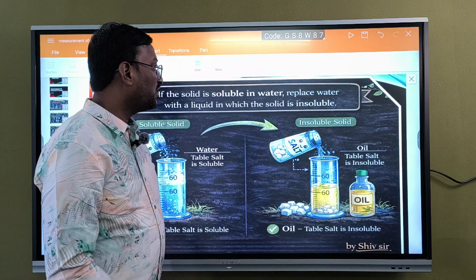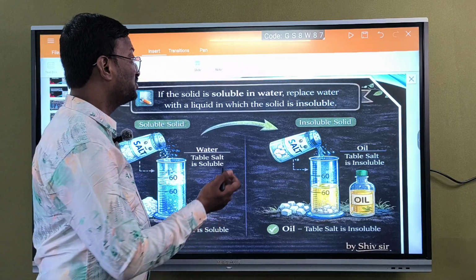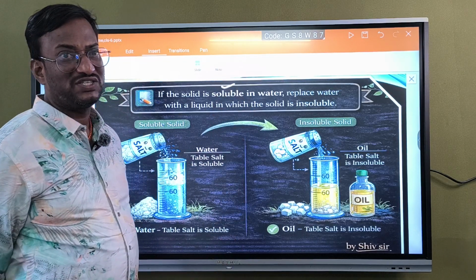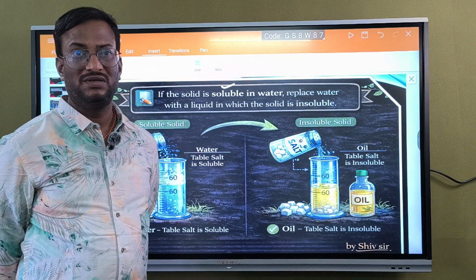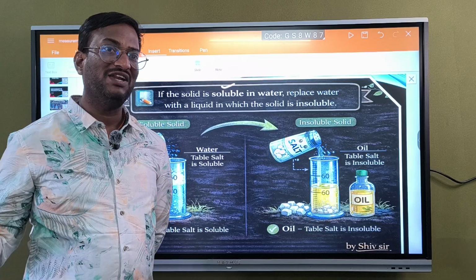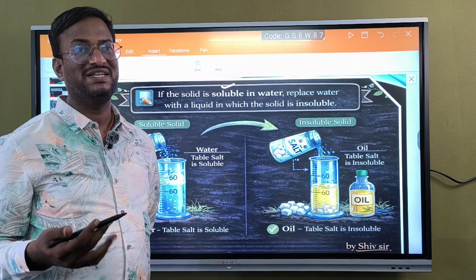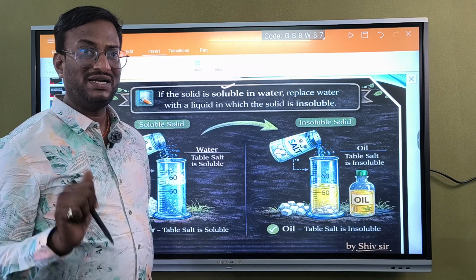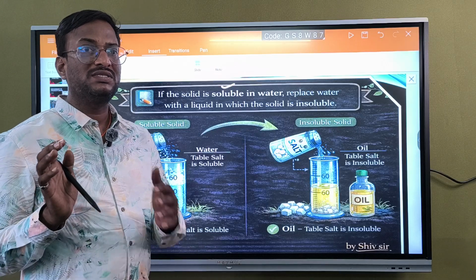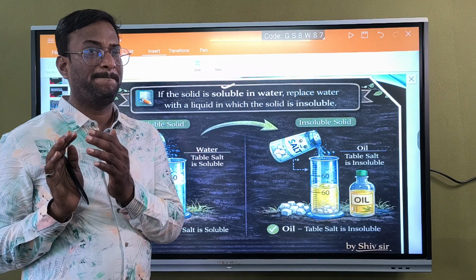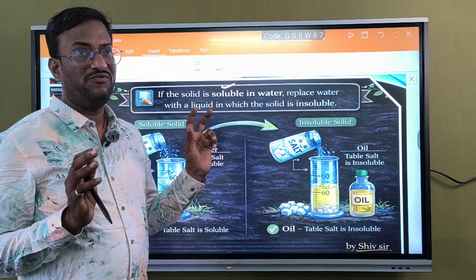Next one, in some cases the solid substance may be soluble in water. For example, you take salt. If you have to measure the volume of salt and you pour that salt in water, what happens? It gets dissolved, so that we cannot find the volume. At that time, we have to reconsider the solid which we have chosen.